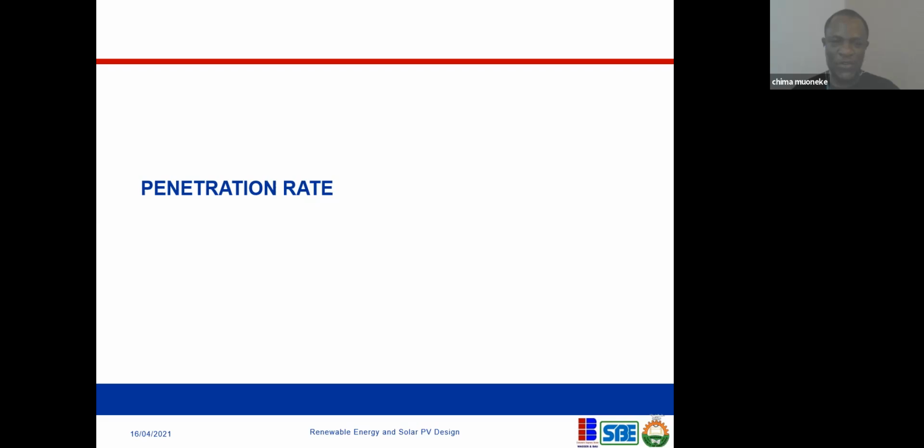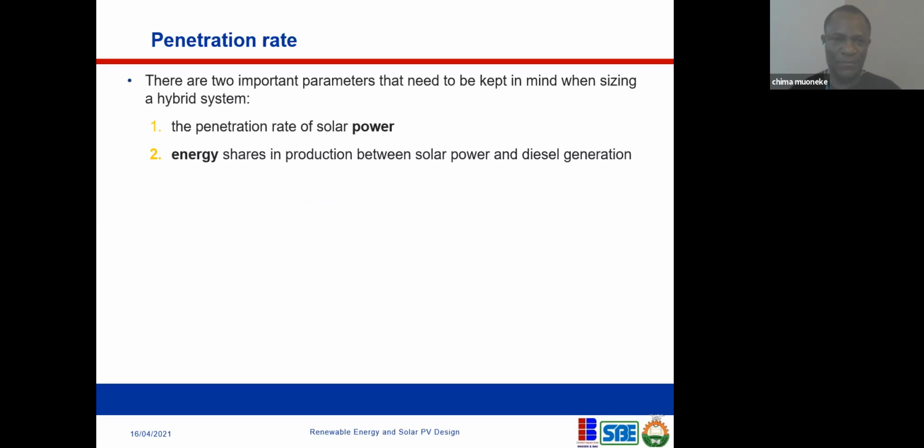How you combine your solar PV design with other sources of energy. When you're combining with other sources of energy, your penetration rate becomes important. There are two important parameters to keep in mind when sizing a hybrid system. Remember, when you combine with other sources of energy, what you're actually doing is a hybrid system.